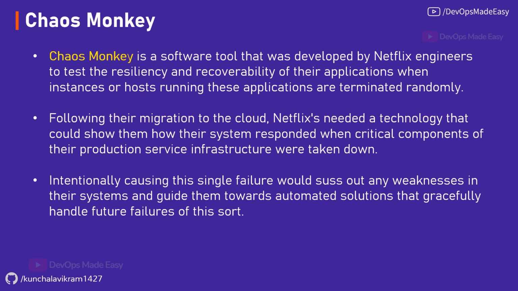Following their migration to the cloud, Netflix needed a technology that could show them how the systems respond when some of the critical components of the production servers were taken down. This is where Chaos Monkey was helpful, and Netflix developed it for this very specific purpose.